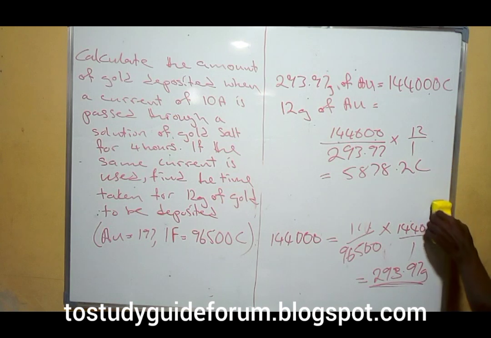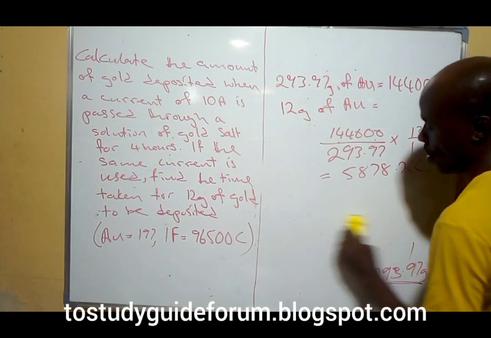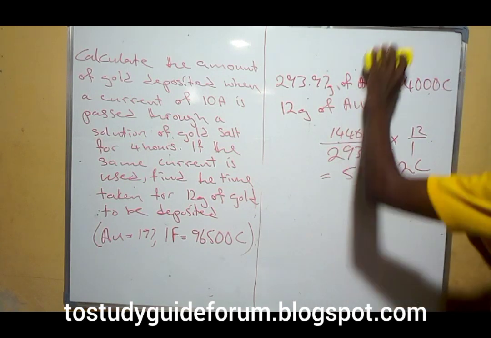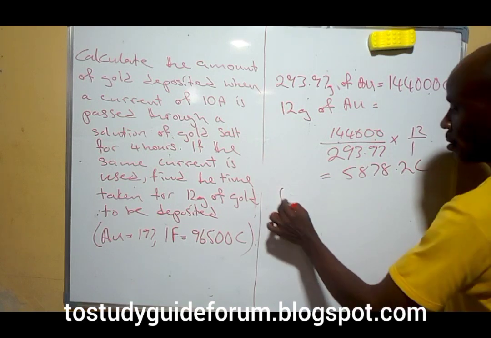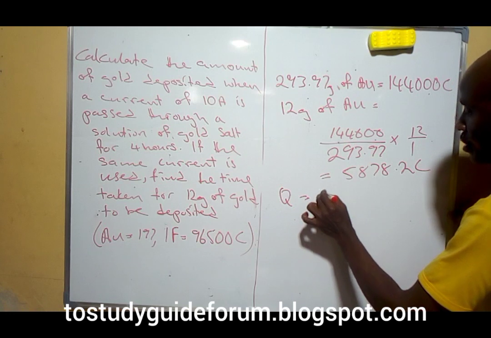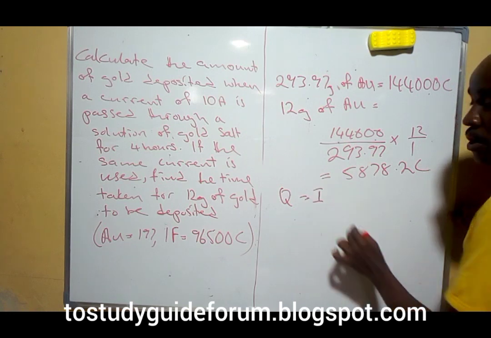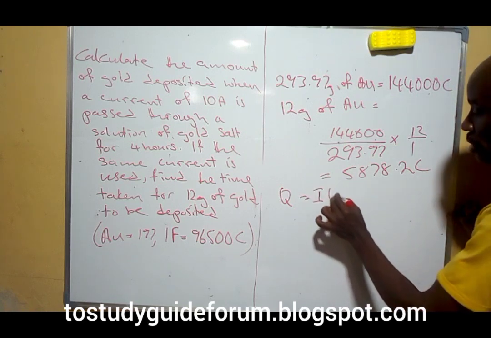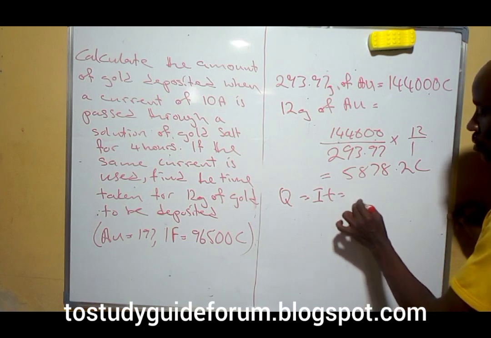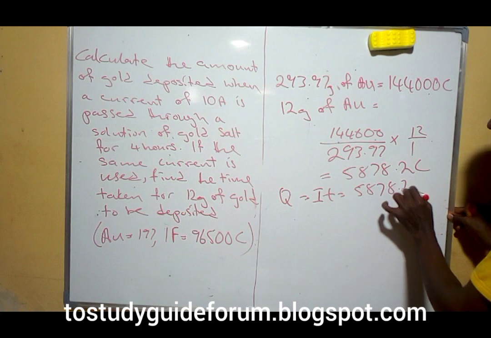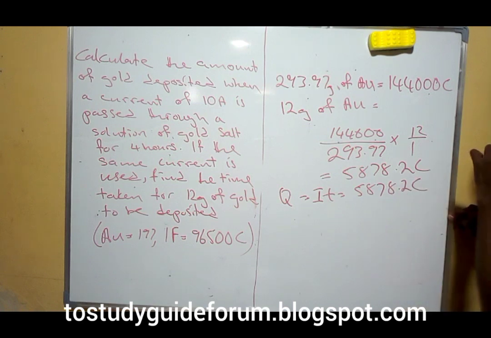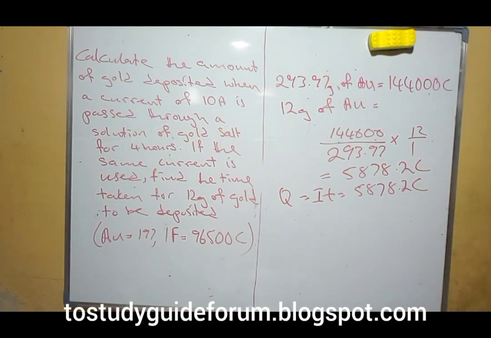Now, that is not all. That's not just where we are going to end. So then we know that quantity of electricity is always current multiplied by time, which is equal to the one we have here. And now we have our current.